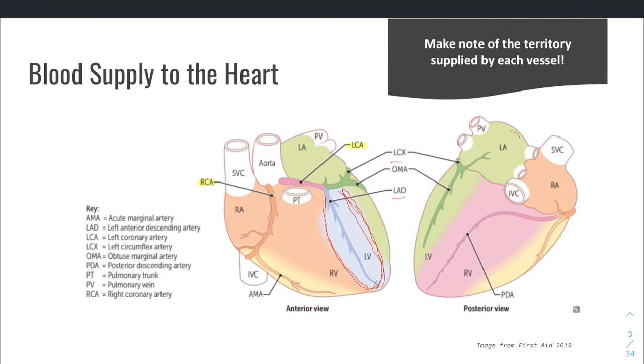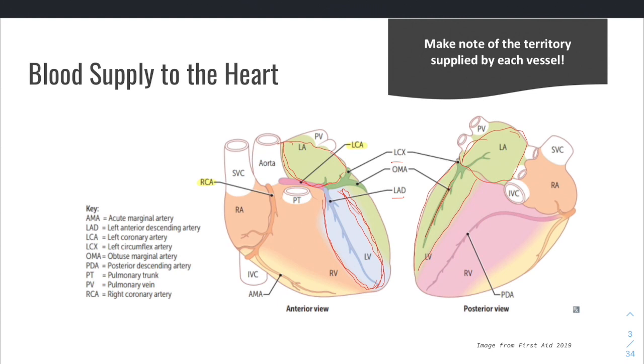And then your left circumflex artery, and the obtuse marginal, which is a branch off of that, is going to do your lateral portion of your heart, and then it's also going to supply the left atrium inferior or posteriorly and anteriorly as well. So that's your branches off of the left coronary artery.